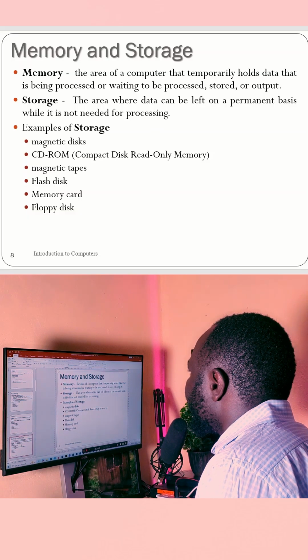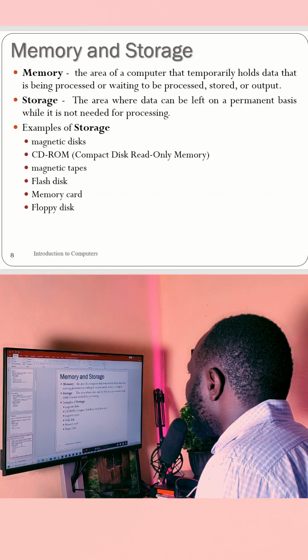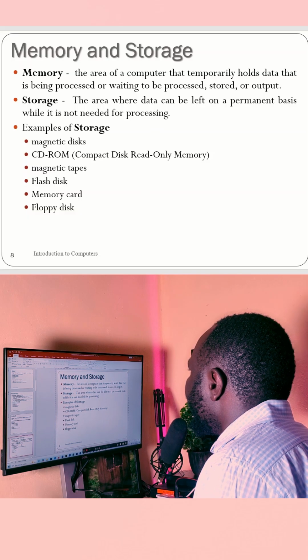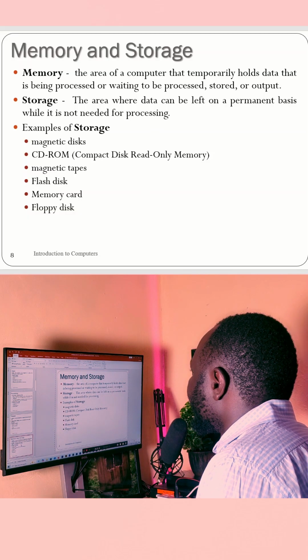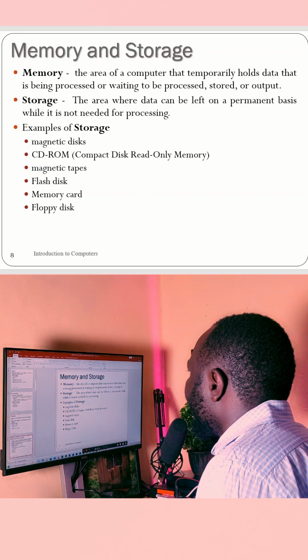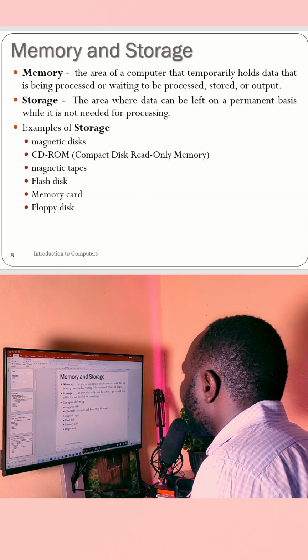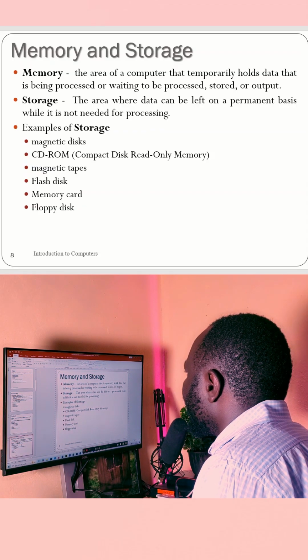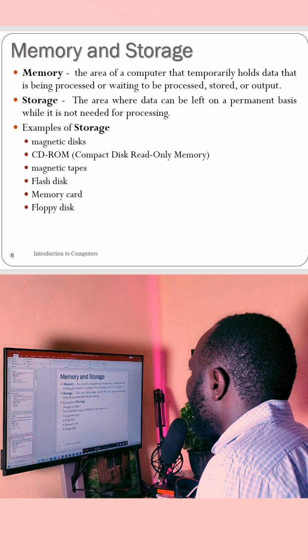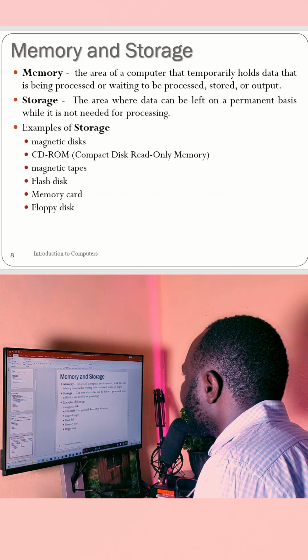Then we have the storage. This is where the information, rather, can be left on a permanent basis. We know very well if you were typing in Microsoft Word on your computer and then your computer goes off, you're going to lose that if you didn't save that data that you were typing, because by the time you were typing, it was running on the RAM or on the memory.